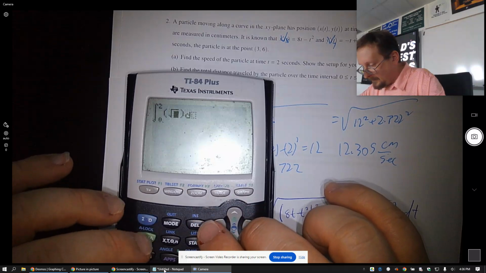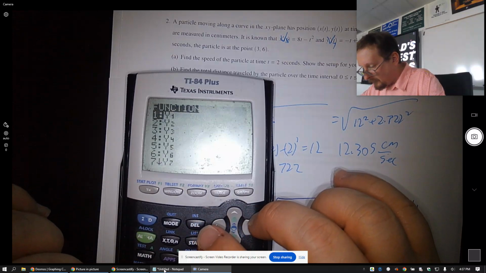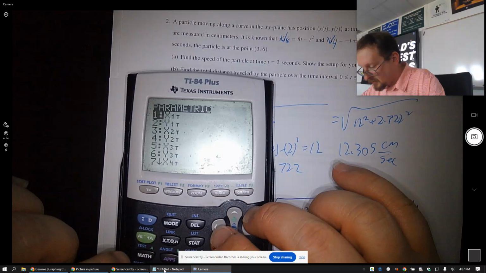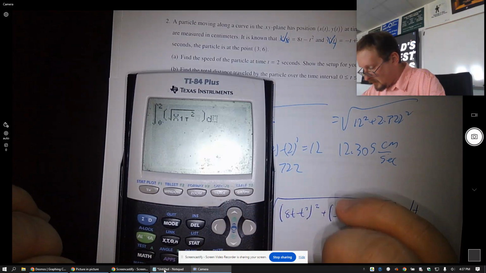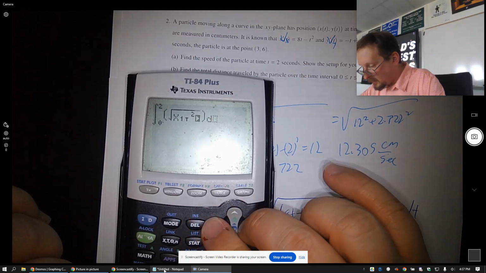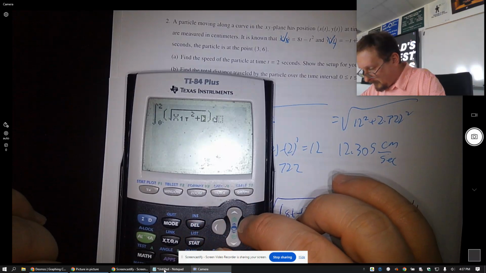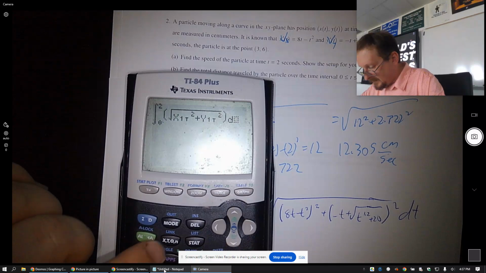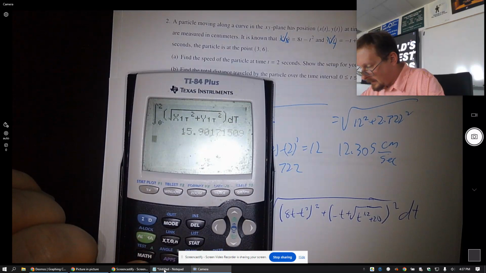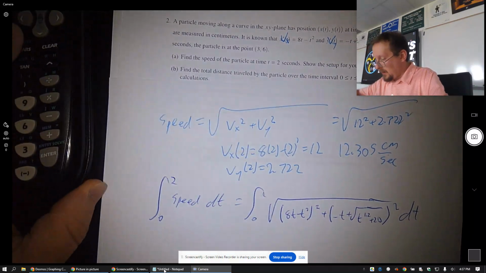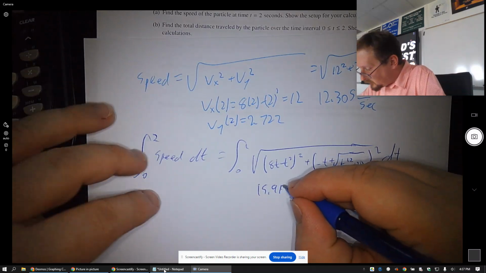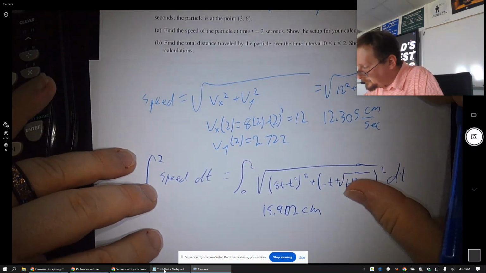All right, let's try that again, with the square root over the whole thing, dt. Okay, 15.902 centimeters.